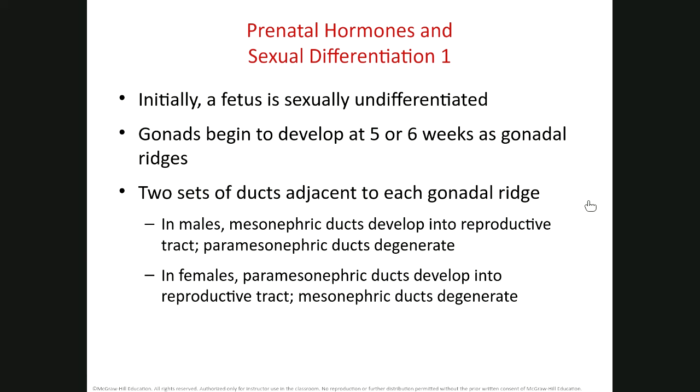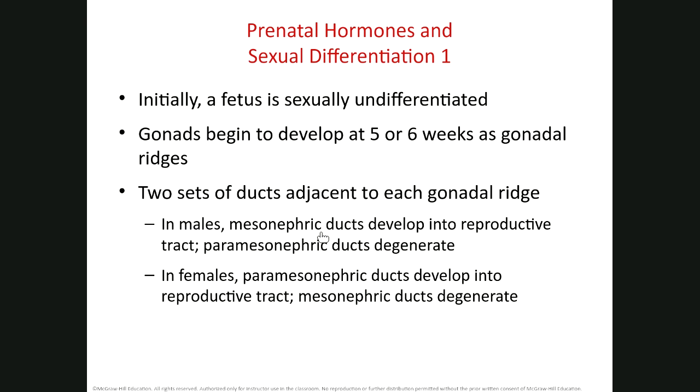A fetus is interestingly sexually undifferentiated in the beginning. Gonads don't develop until about 5 or 6 weeks. Then it will have two sets of ducts, one for male and one for female. In the male, it's mesonephric.